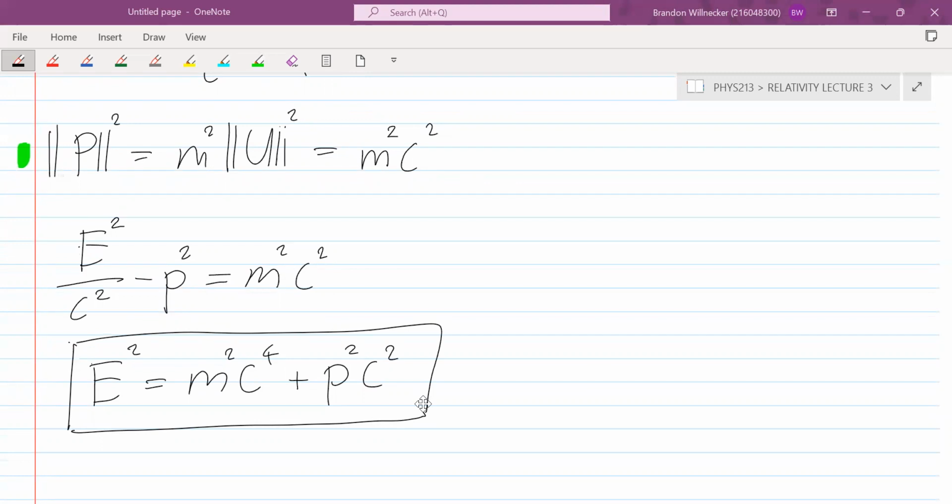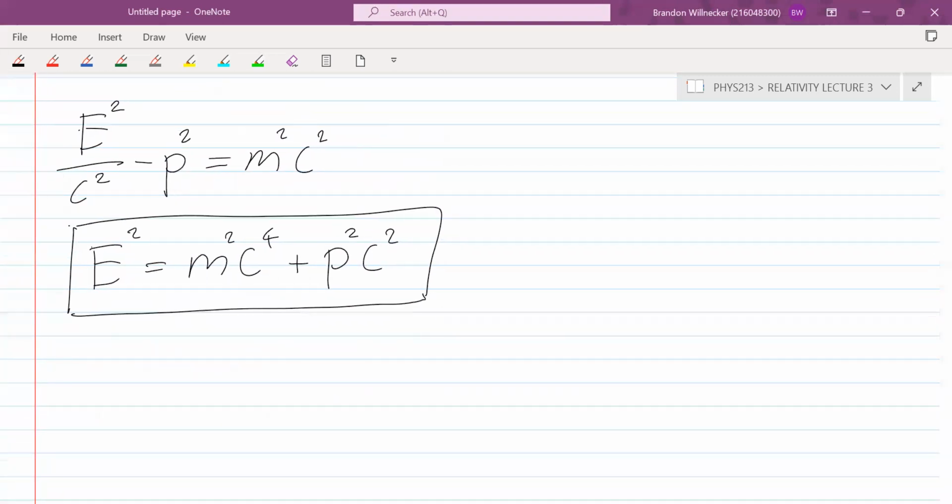Now we can look at a couple special cases of this, just to get a feeling for how to work with this expression. So firstly, let's say that the particle is not moving. So stationary particle. If the particle is stationary, it has no momentum.